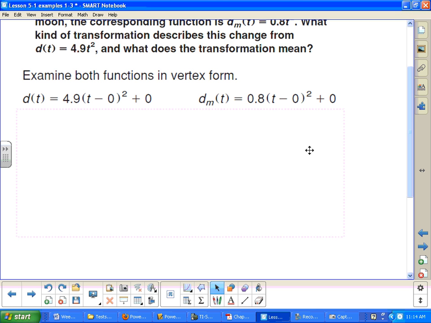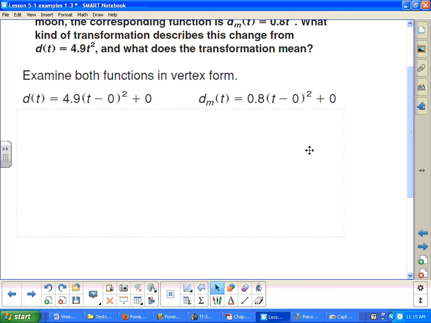So what kind of transformation describes this change? All right. So we need to figure out what change it is. If I change from 4.9 to 0.8 t squared, it's vertical, okay, because we're using A. So is it a vertical stretch, or would it be a vertical compression? If I'm going from 4.9 to 0.8, it's going to be a compression, right?